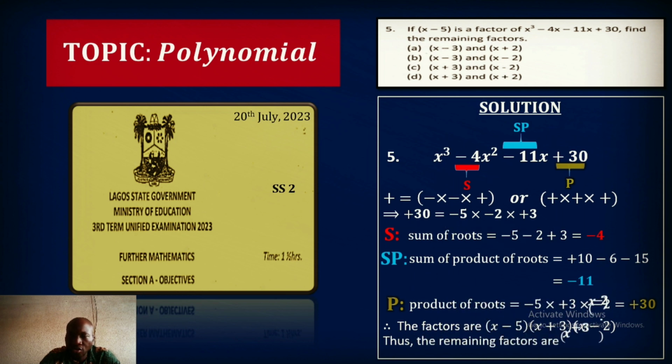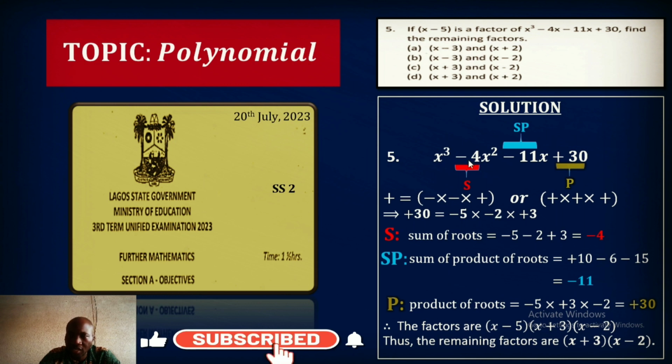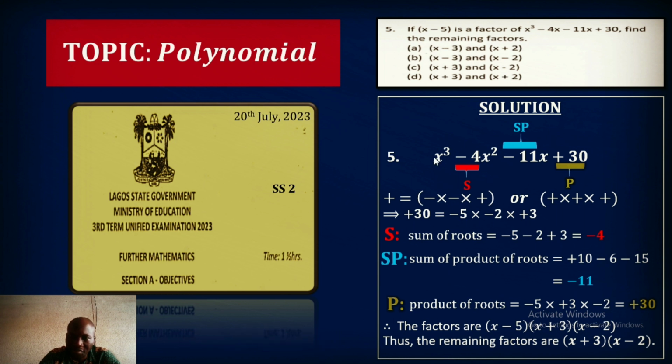So the factors would then be, since these three products have actually confirmed the sum of roots, the sum of product of roots, and the product of roots, all we need to do next is to attach the term in the expression to each of these. So I'm going to say x minus 5 for the first product, x minus 2 for the second product, and x plus 3 for the third product.